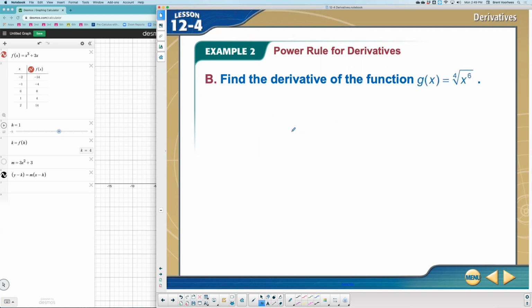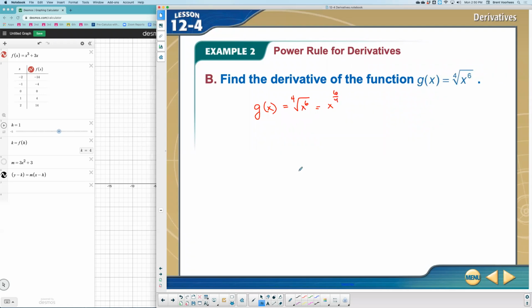Okay, so part B here says g of x equals the fourth root of x to the sixth. A very important conversion you need to know is that if g of x is the fourth root of x to the power of 6, that means g of x could also be written as x to the power of 6 divided by 4.